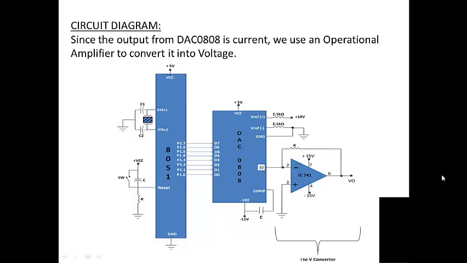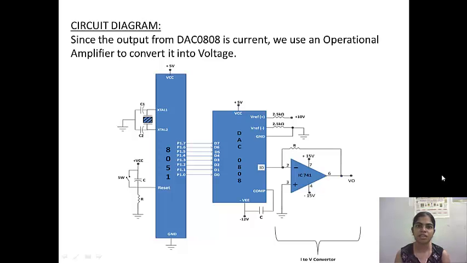Given here is the circuit diagram of interfacing of DAC 0808 with microcontroller AT51. As you can see, digital input is given from AT51 to DAC 0808 via port 1. The port pins are given as P1.0 to P1.7.